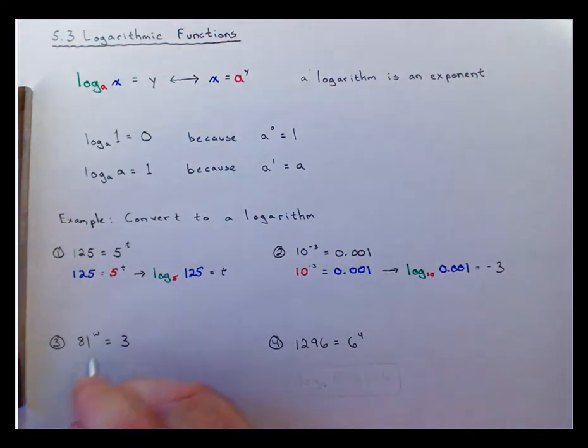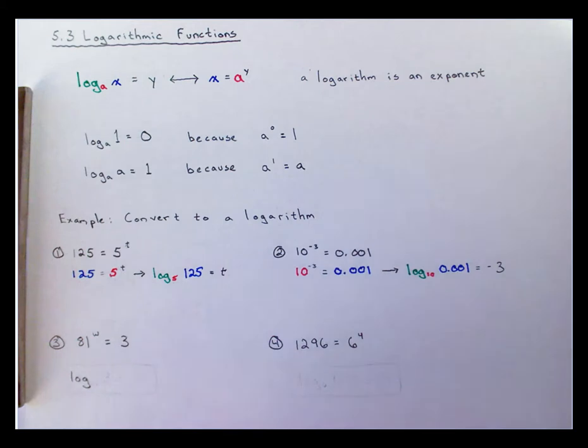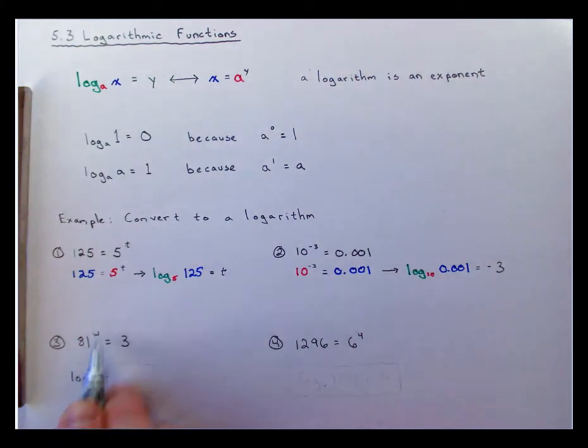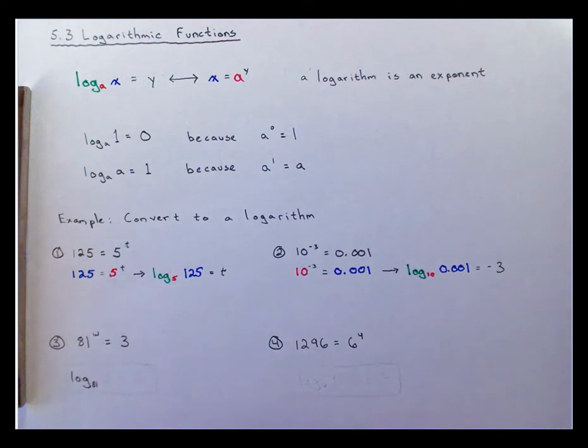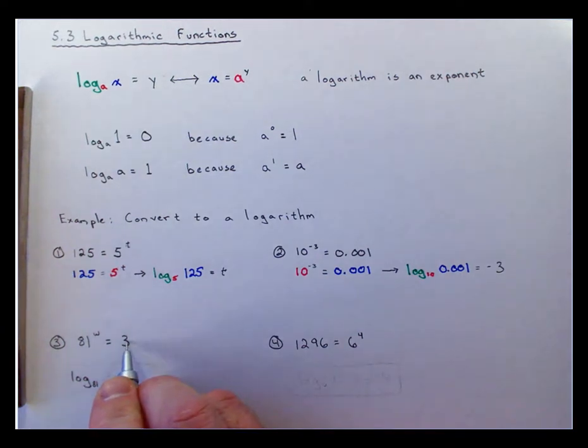Alright, for this one, the first thing I do is go ahead and write this. I know I'm converting it to a log, so that's the first thing I write down. Then I look at my base. My base is 81 for this problem, so I write down 81. So that's log base 81. Then what does it equal? It equals 3.